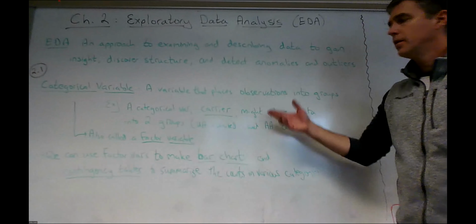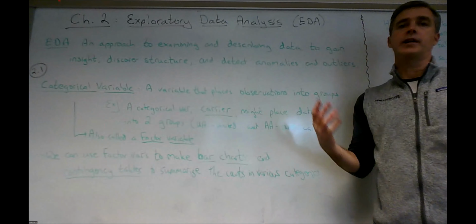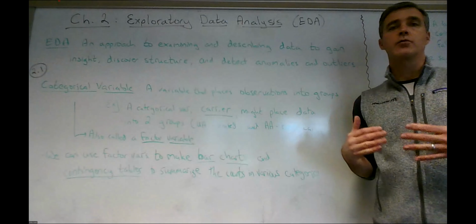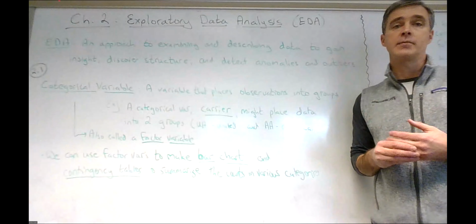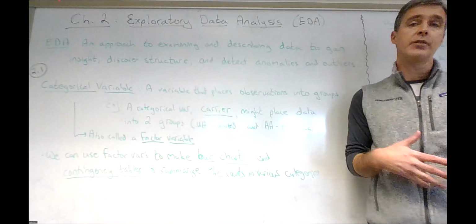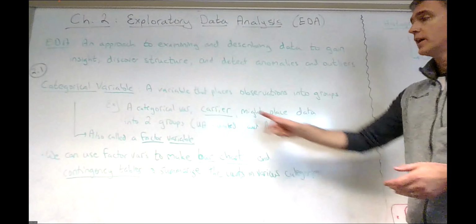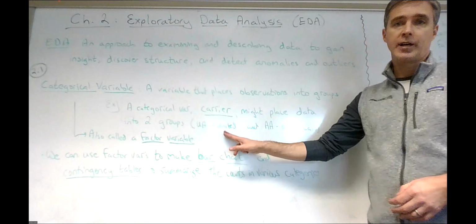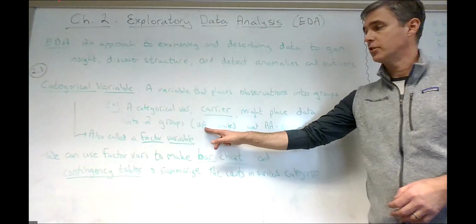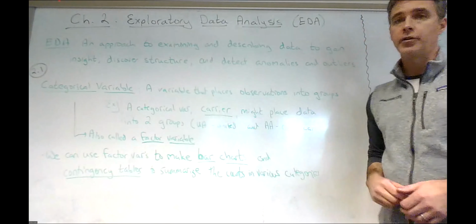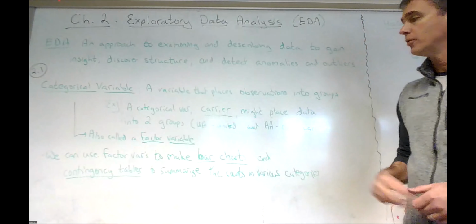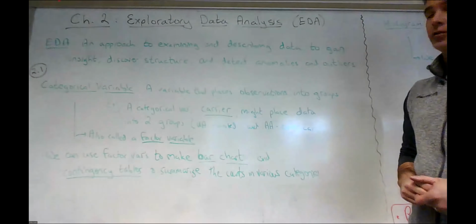Okay, so I might have a data set about flight delays, and one way you could organize the flights is by which carrier it is. Is it Delta? Is it United? So in a categorical variable carrier, it might place data into two groups. I might have some flights from United Airlines, I designate those as UA under the carrier variable, and others are denoted for American Airlines, which will be AA under the carrier variable.